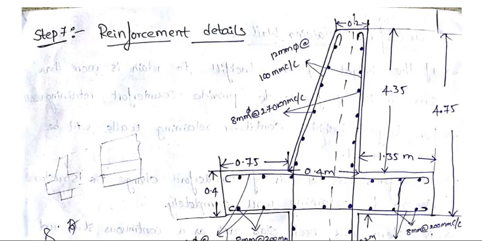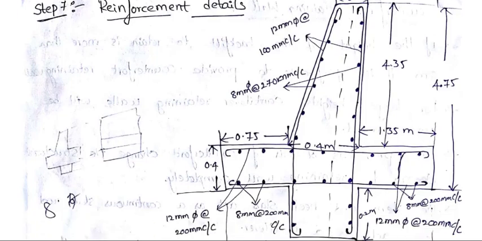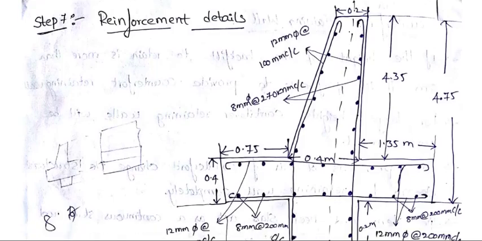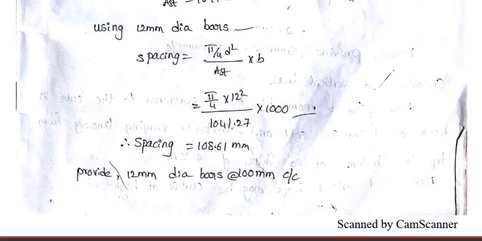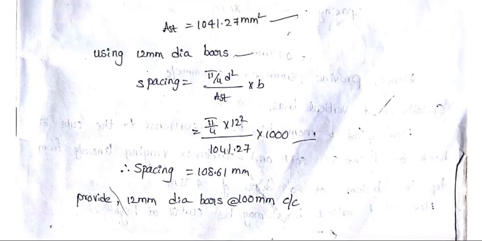Finally, when coming to the reinforcement details, first one, let's see the stem value. Use 12 mm dia bars for stem.